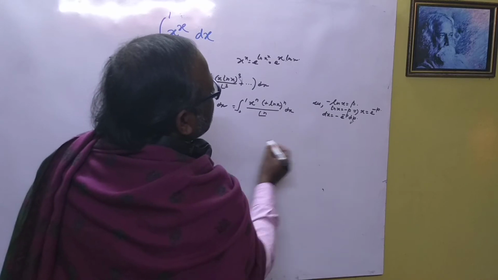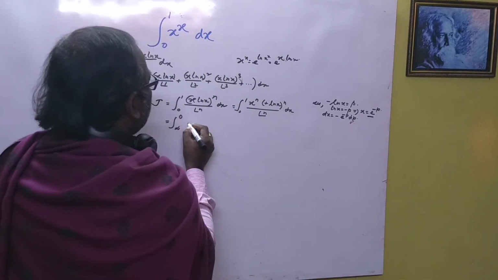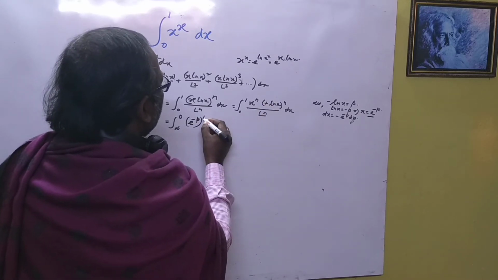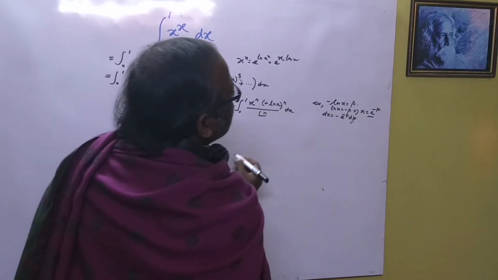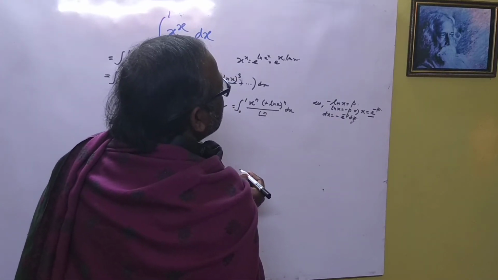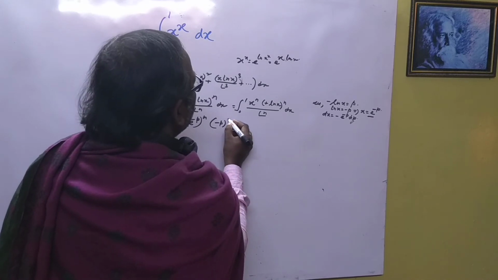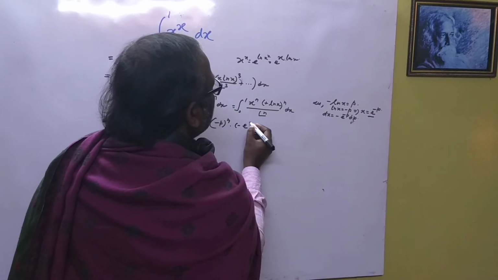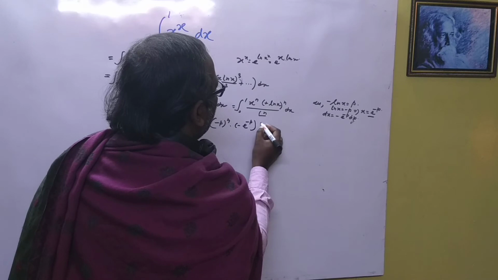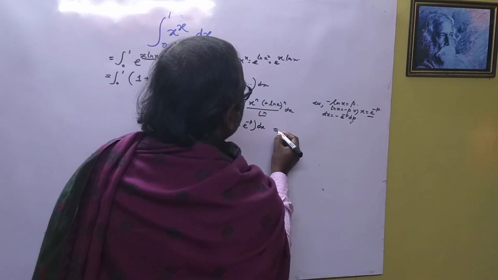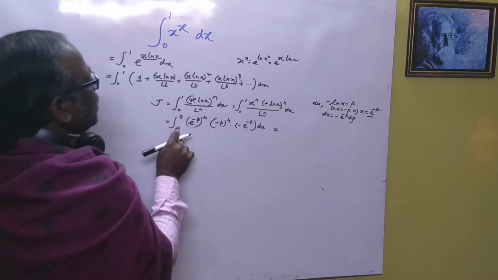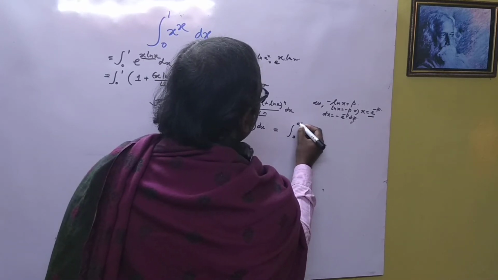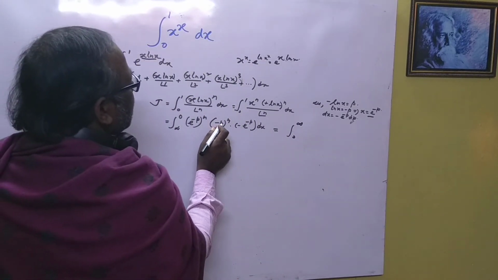So now x is equal to e to the power minus p, so x to the power n is e to the power minus p to the power n, and ln x is equal to minus p to the power n, and dx is equal to minus e to the power minus p dp. Since the limits go from infinity to 0 and there was a minus, we change the limits to 0 to infinity.